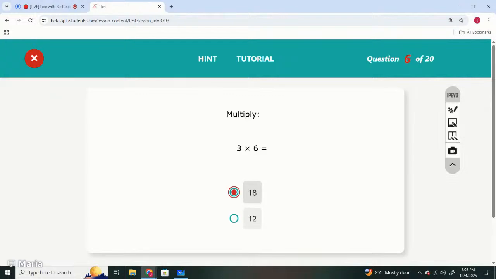Option number 1 is the correct option, that is 18. 0 times 8 is 0. Option number 2 is the correct option, that is 0.